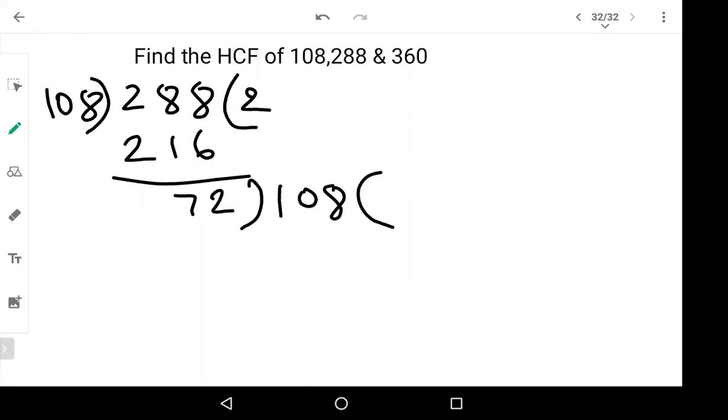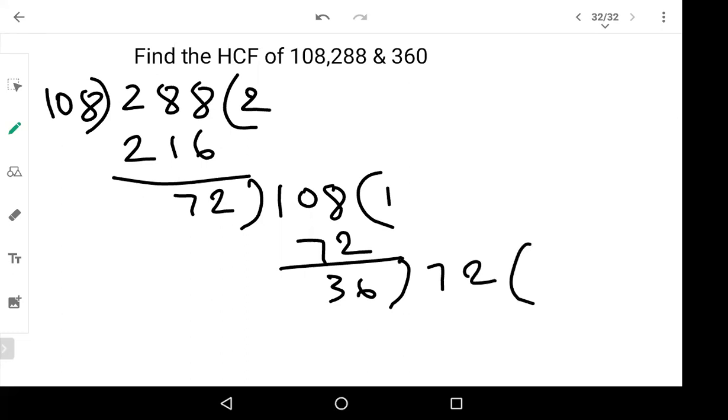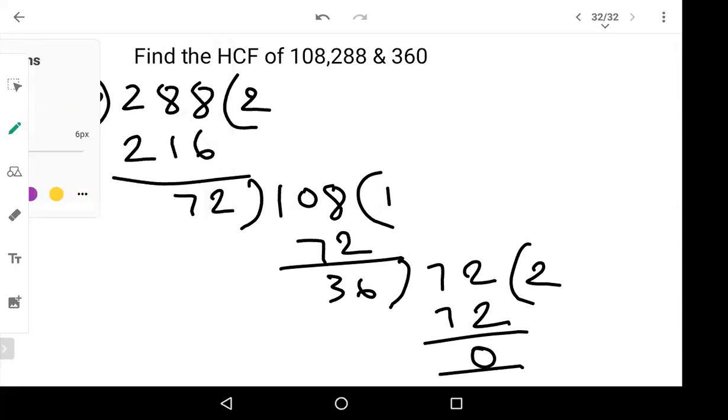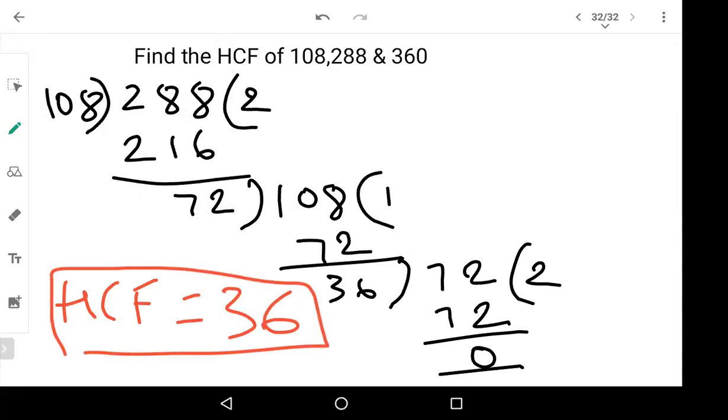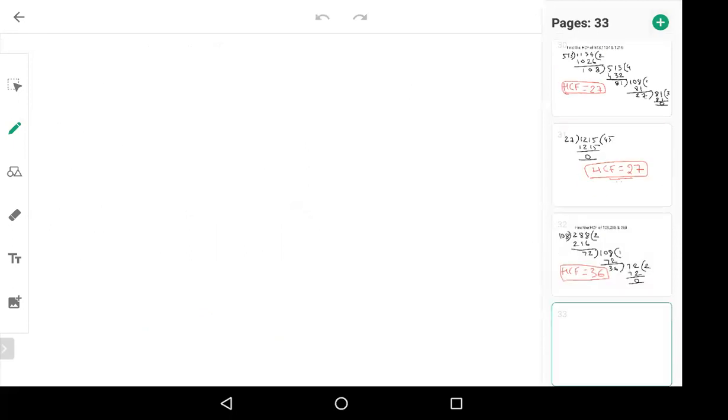Sorry, 72 into 1 is 72. What is the remainder I get? 36. And now I take 72 here. Now 36 into 2 is 72 directly. So I get 0. So HCF here is 36.